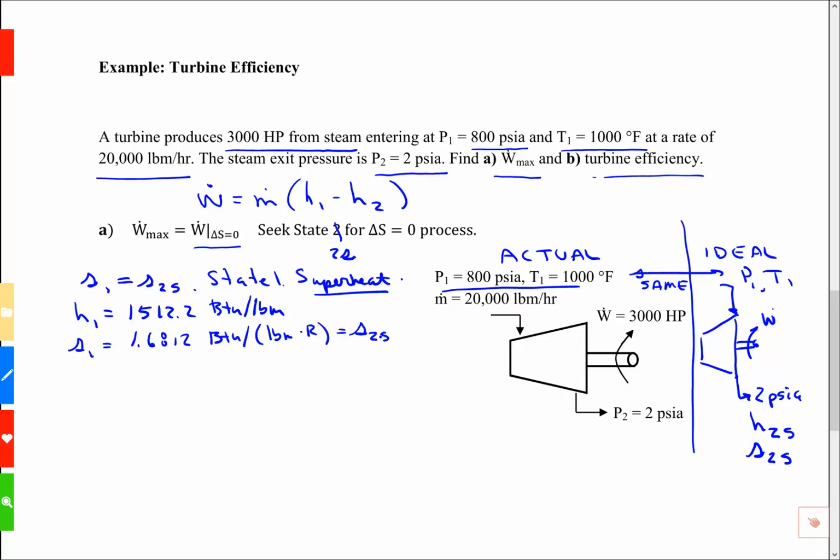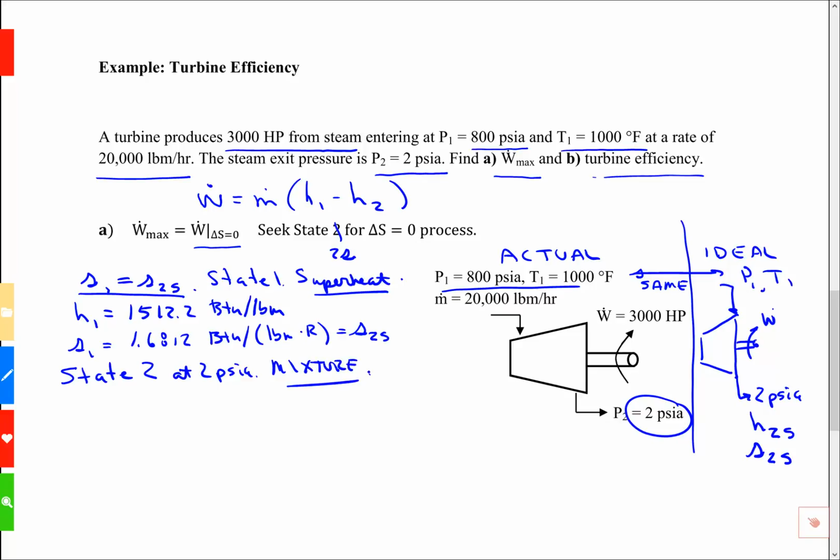We're going to find state 2 from two pieces of information. One is that we know the entropy already, and we know the final pressure. So state 2 is at 2 psia, and it's a mixture condition.